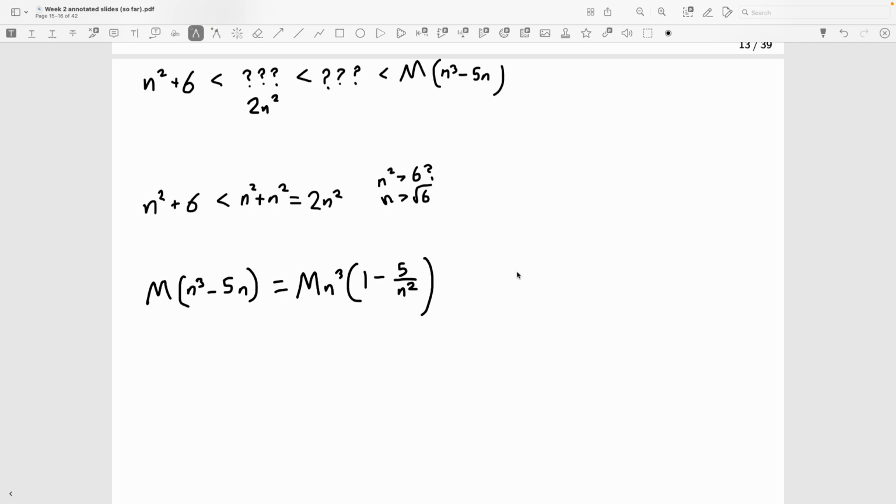So I want, confusing myself with inequality signs. Okay, so I think we want 5 over n squared to be less than 1 over half.